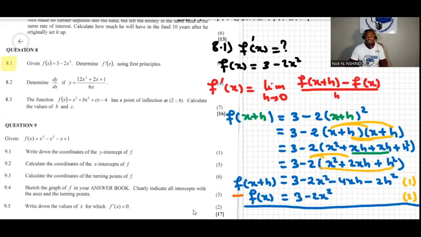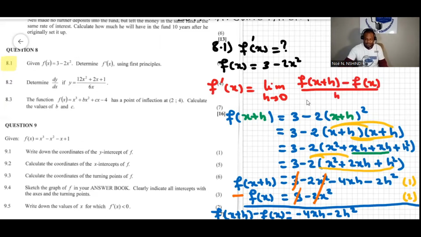Now this will be 3 minus 3, they cancel, negative 2x squared minus negative 2x squared, that makes negative 2x squared plus 2x squared, and they cancel also. And then we are left with negative 4xh minus 2h squared. And that's the difference, f of x plus h minus f of x.